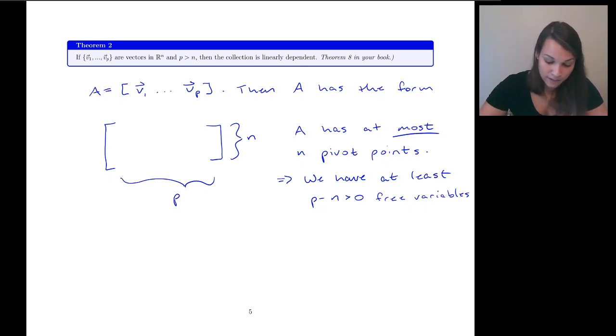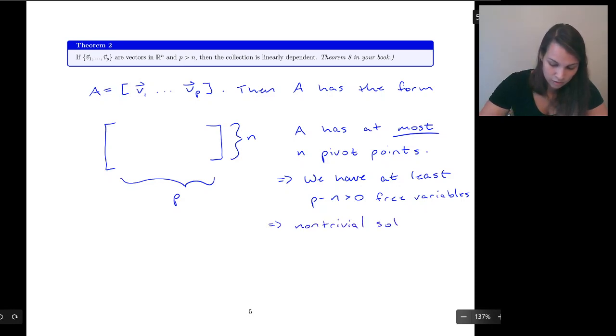So if we have free variables, then we have a non-trivial solution, and that means we have linear dependence.